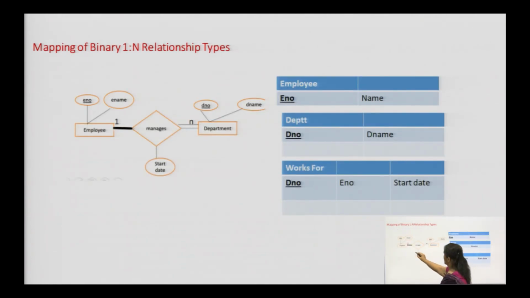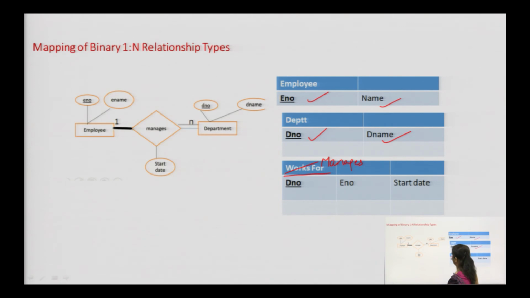So, over here we have a 1:n. Same example, employee manages department. So, employee like a regular entity type, DNO like a regular entity type, and we have a third relation which, instead of works for, we can write manages.